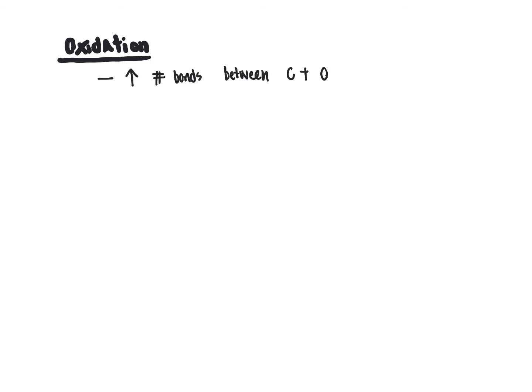That is going to correspond to a decrease in the number of bonds between carbon and hydrogen, because the way that we increase the number of bonds between carbon and oxygen, we have to get rid of carbon-hydrogen bonds. Otherwise, we would end up going over the octet rule, and we can never go over the octet rule.